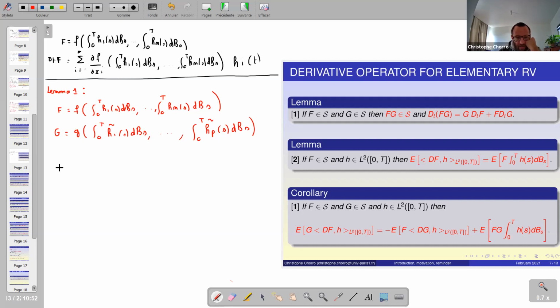Suppose that I define F tilde of x1, up to xn, xn plus 1, up to xn plus p, as F of x1, up to xn.